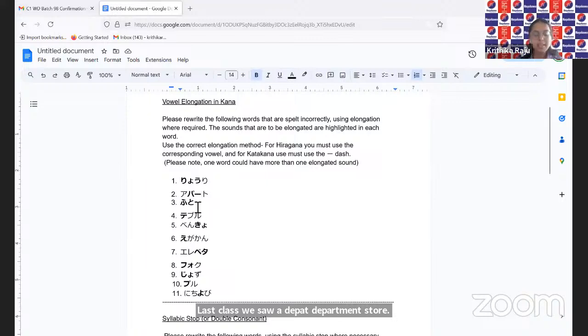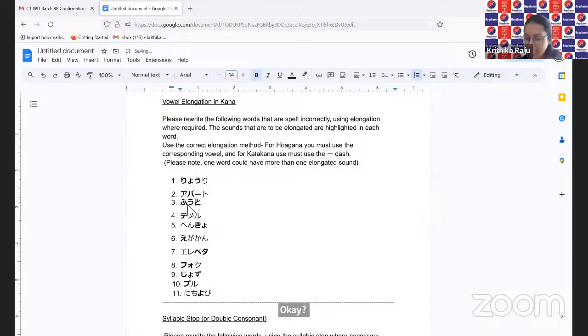The third word is futo. Is it a small u? It's a normal sized u. Hu, elongation of a u sound is u itself.